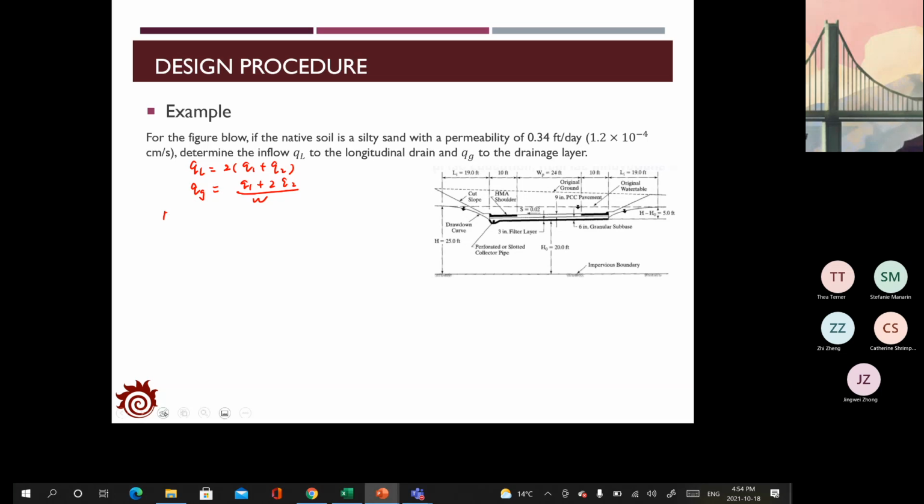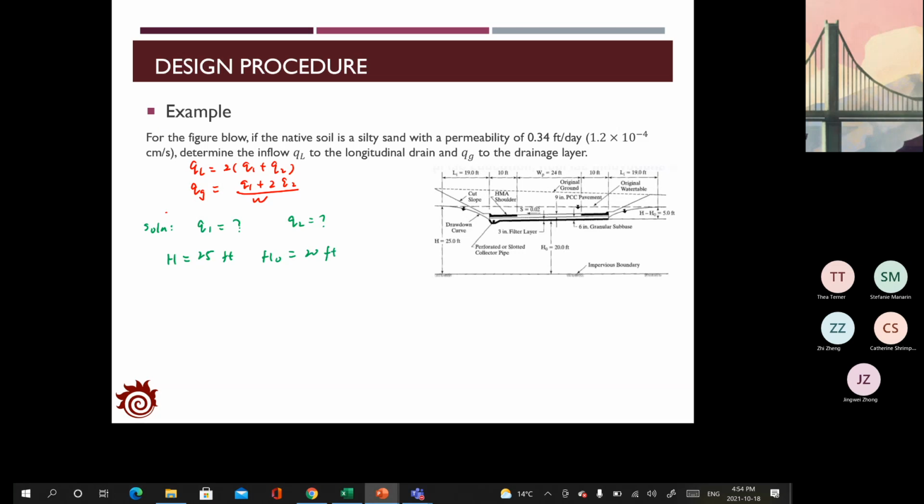So in the solution, we will first need to find out the value of Q1, and after that we need to find out the value of Q2. First of all, from the figure of the pavement structure, we can know that the value of capital H is 25 feet, and H0 is 20 feet.